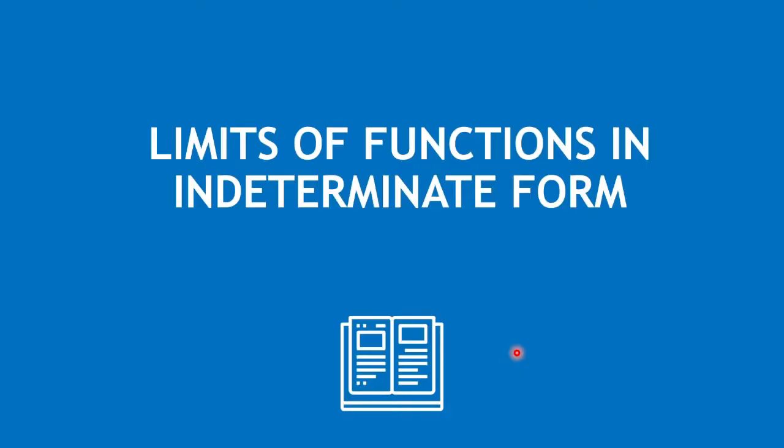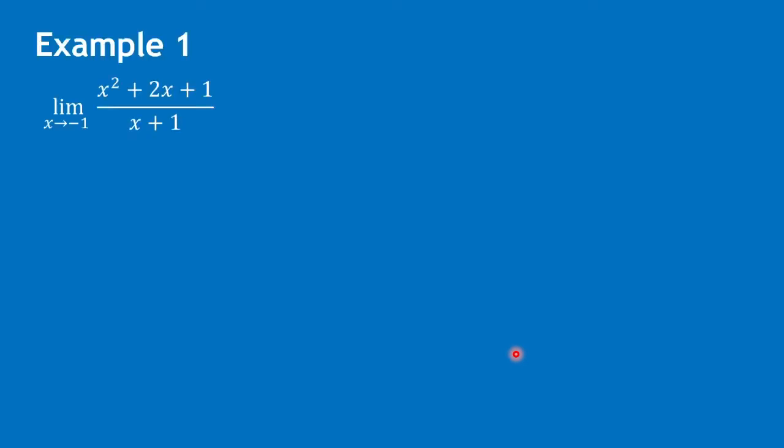This video shows examples of limits of functions in indeterminate form using factoring and rationalizing. For example 1, let's say we have the limit of x squared plus 2x plus 1 over x plus 1 as x approaches negative 1.